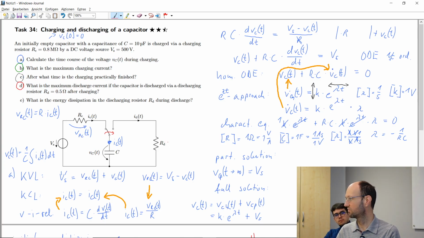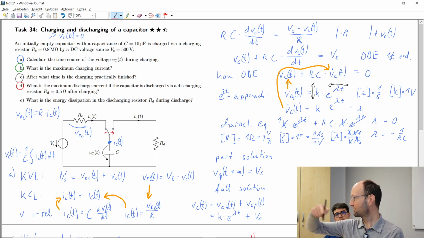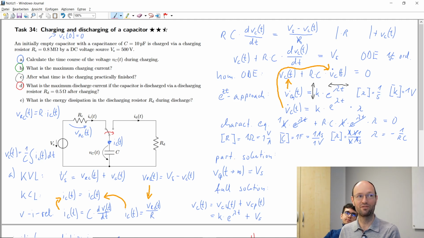We can induce large voltages for a short amount of time, and this is how, if you have sheep or cows, and there's some electric fence around the cattle, and there's this voltage on the fence, this is how these devices work, for example.